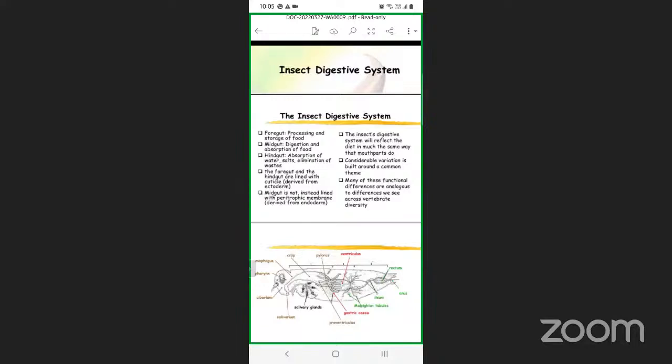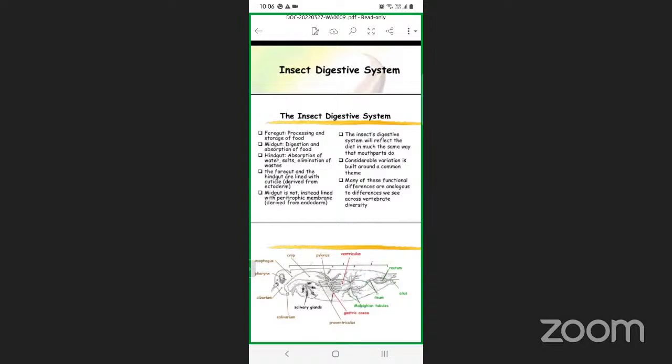As usual, the food ingested by the insect is small, seed-like dry food, so we cannot find it drinking any liquid forms.